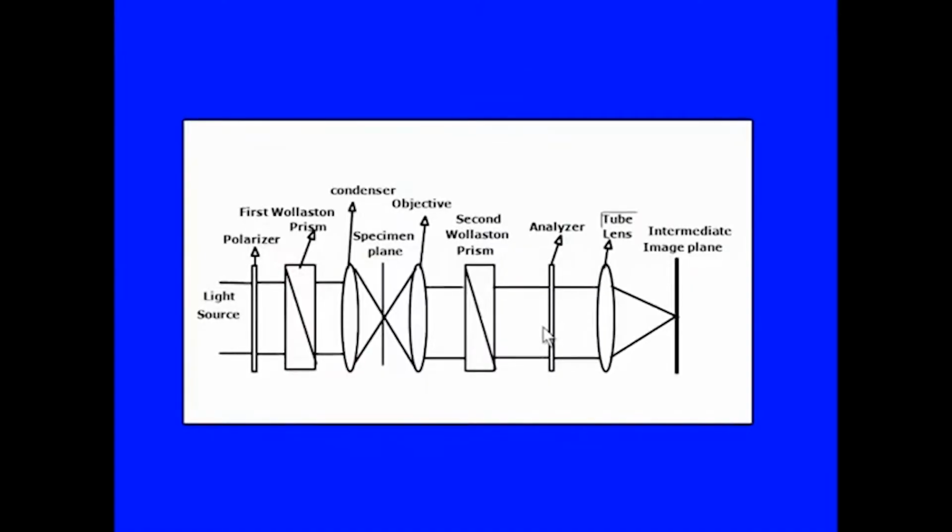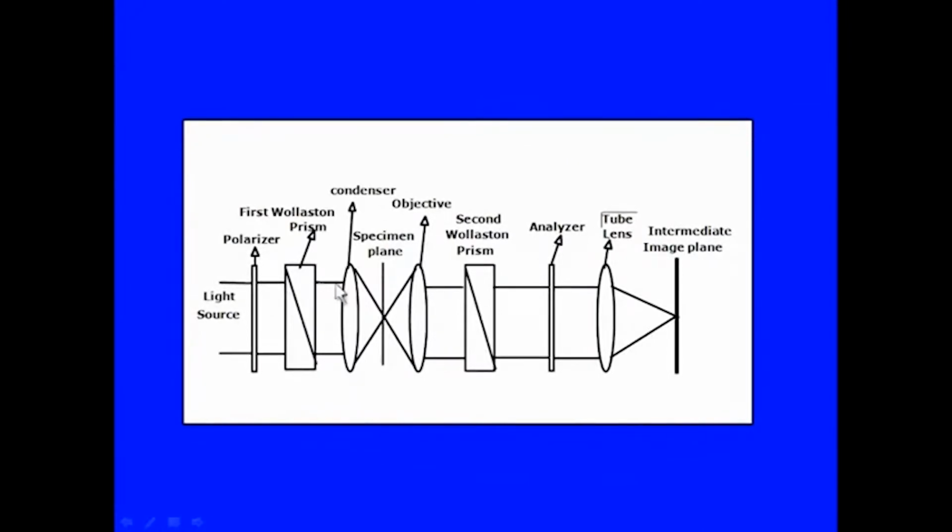Now, let us have a look at the complete optics of DIC microscopy. As we have explained, we will just go through here and try to understand. The light source, which is unpolarized, passes through a polarizer, which gives a plane polarized light at an incidence angle of 45 degree.